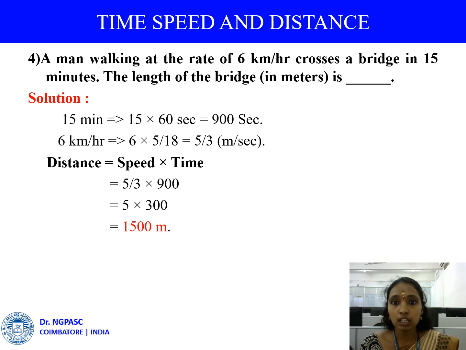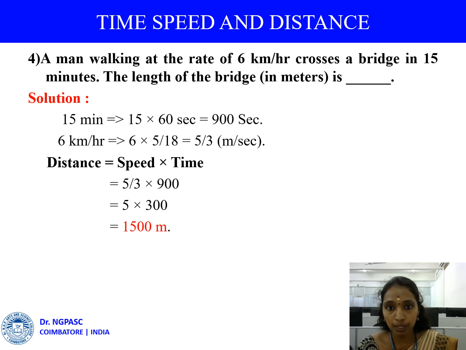Here time is given in minutes, so we need to convert it into seconds. From minutes to seconds we multiply the value by 60. So 15 into 60 seconds is equal to 900 seconds. What do we need to find?